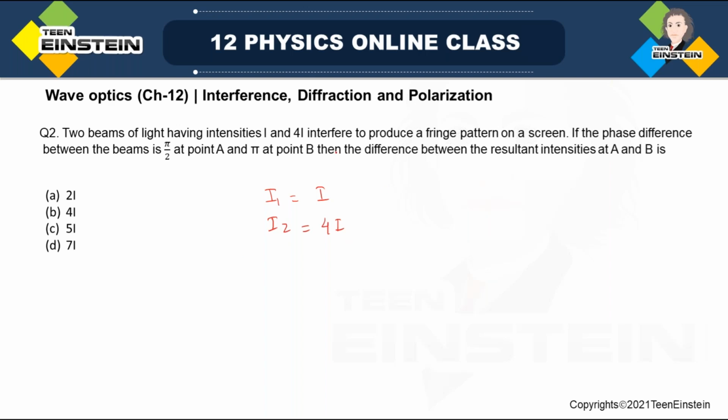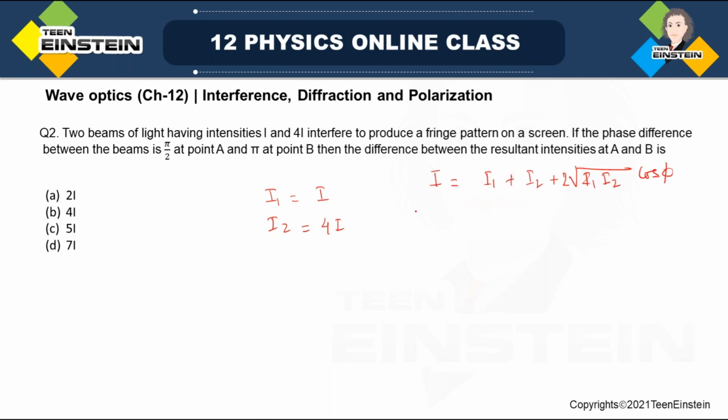So we know the general formula for intensity I had just written for you. The general formula is I1 plus I2 plus 2 under root I1 I2 cos phi, where phi is the phase difference.